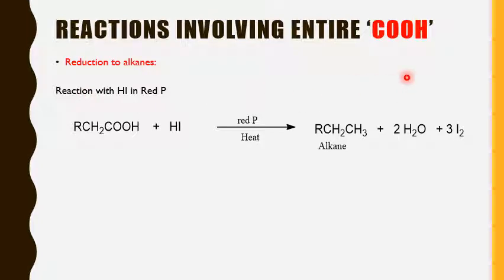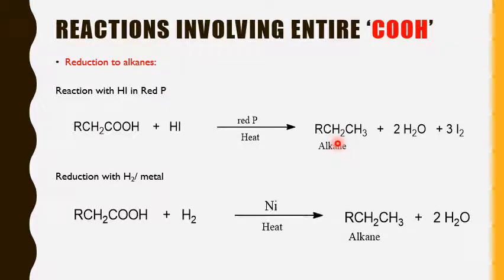So carboxylic acids can be reduced to the corresponding alkanes by reduction with hydrogen iodide in the presence of red phosphorus. This is an important one. The same reaction can be achieved by the use of hydrogen with a metal.